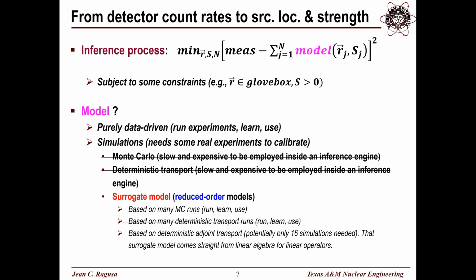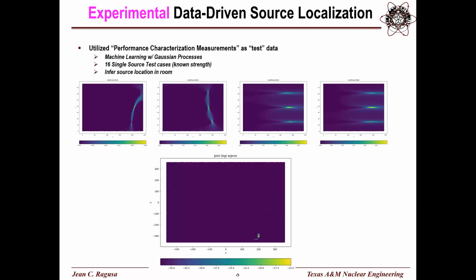So we have to use surrogate models or reduced order models. This is what will be able to update the simulation engine of the digital twin on a reasonable time frame. The Monte Carlo and deterministic methods can take hours to run. So you're not going to do an inference in near real time if the simulation engine is that slow.